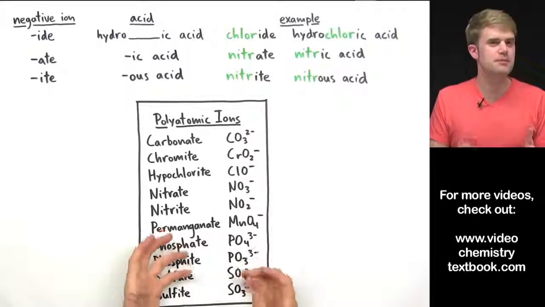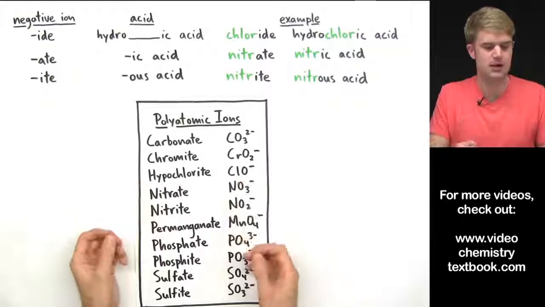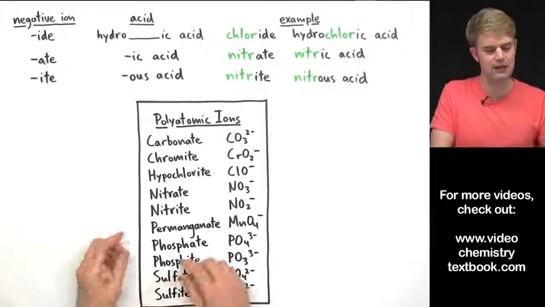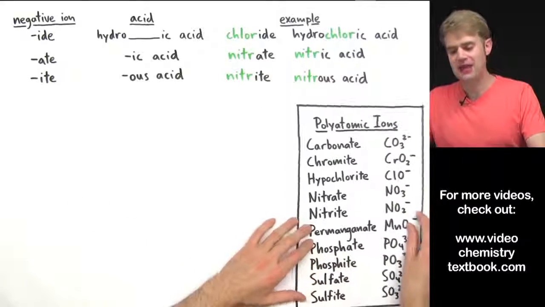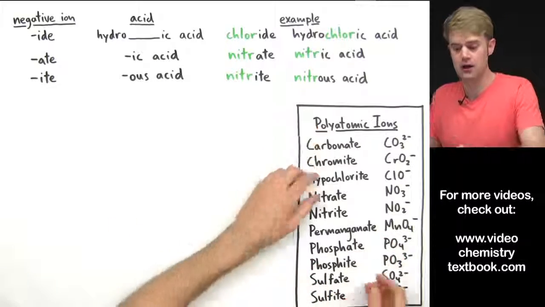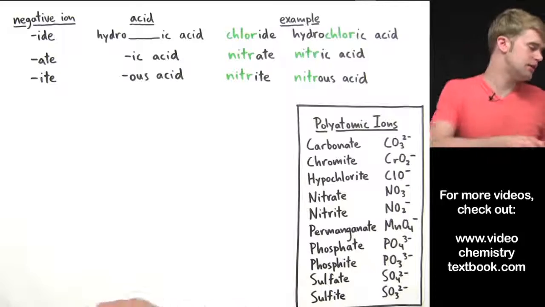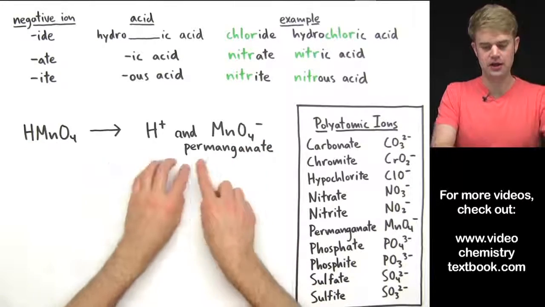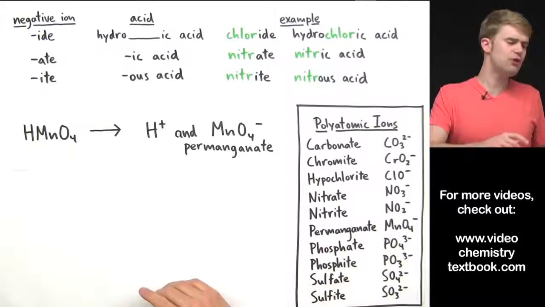Now sometimes people get a little bit tripped up when they're naming acids that contain polyatomic ions that start with hypo or per, because these are a little bit different and they don't start right away with the element name. But naming acids that contain these ions is just the same as any other. All we want to do is look at the ending on these ions. So for example, this acid here that has permanganate, it ends in ATE, so that's the only thing you have to worry about.